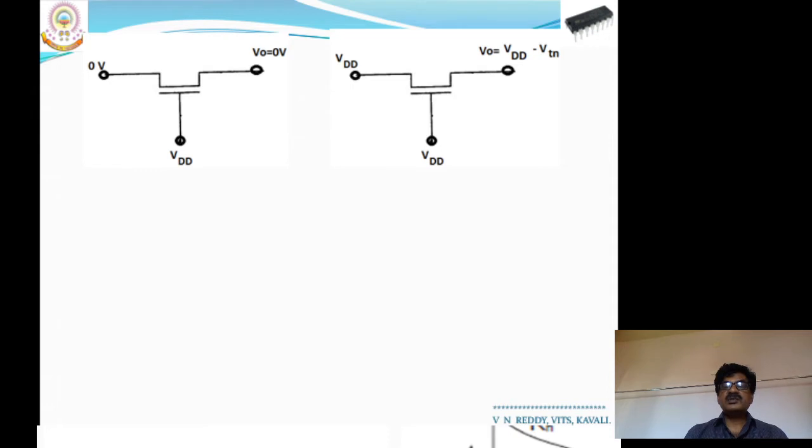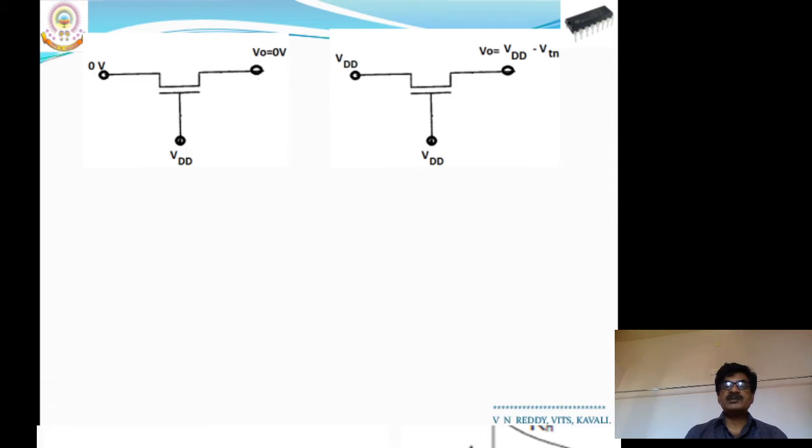Okay, suppose the output voltage is greater than VDD minus VTN, then the transistor goes to the off state. So in case of an NMOS transistor, when it is switched on, it passes logical low value perfectly.